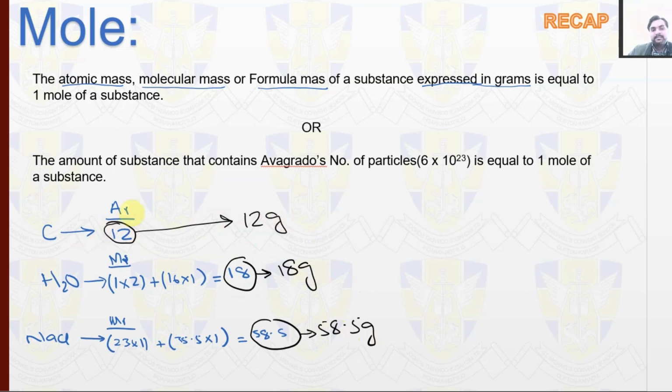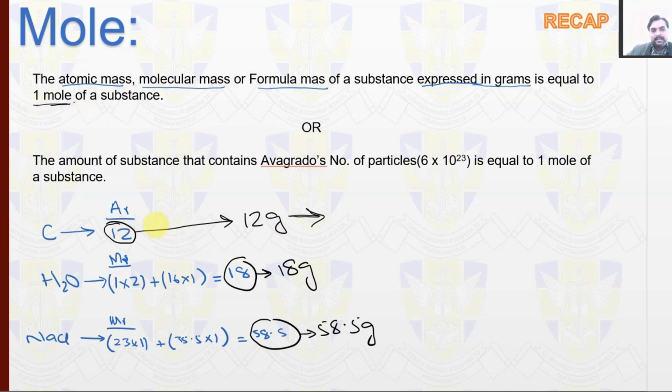So when they express the atomic mass, molecular mass or formula mass in grams, this gram basically equals the moles, right? And what they are saying in the definition is that if the atomic mass is expressed in grams, then it is equal to 1 mole of a substance, right?